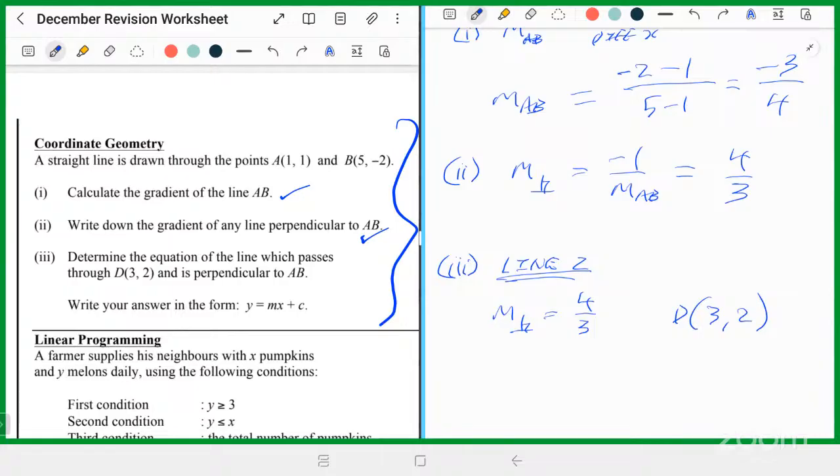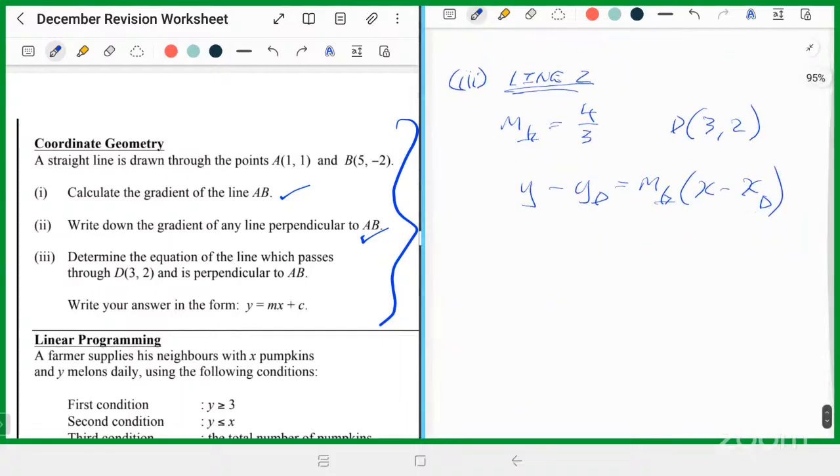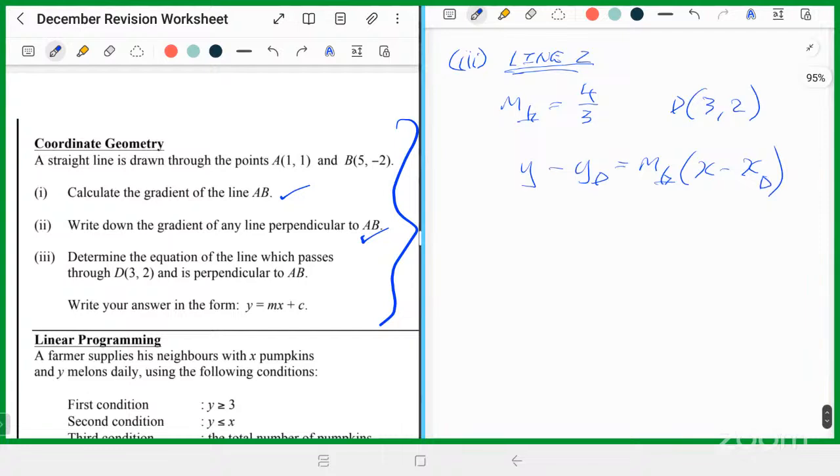Using the formula, it's y minus the y value at the point D equals the perpendicular gradient times x minus the x value at the point D. Plug them in and you have the equation. Nice and easy. So it's y minus the y value at D, which is 2, equals the perpendicular gradient, 4 over 3, times x minus the x value at D, which is 3.